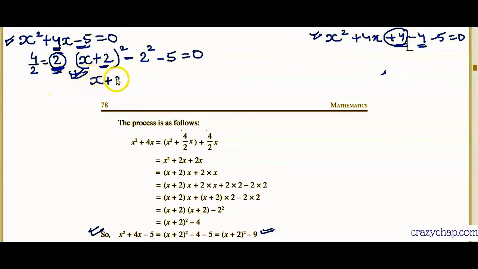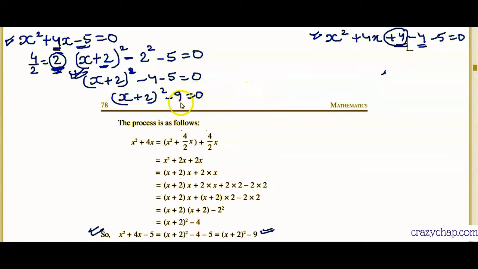So x plus 2 whole square, I am not going to break it because we had to do it by the completing square method. So we have actually completed the square, and this is minus 4 and minus 5 equal to 0. So x plus 2 whole square minus 9 equal to 0.